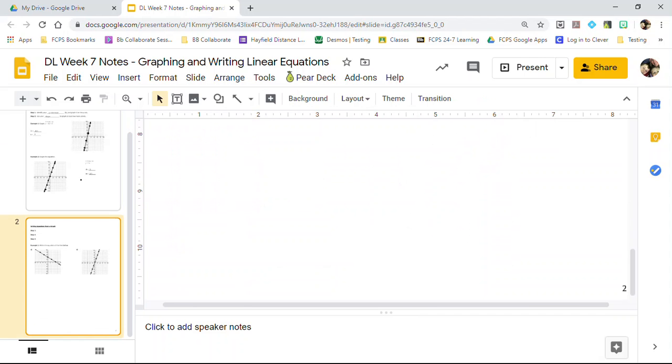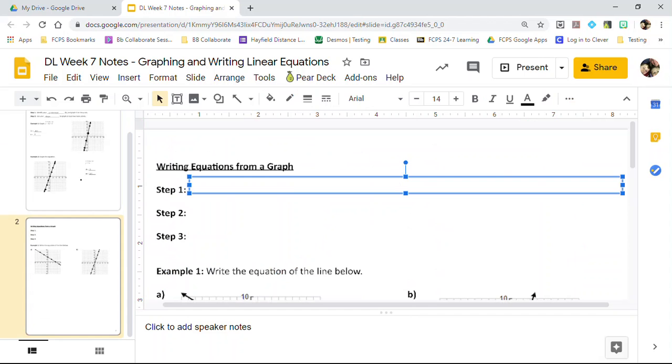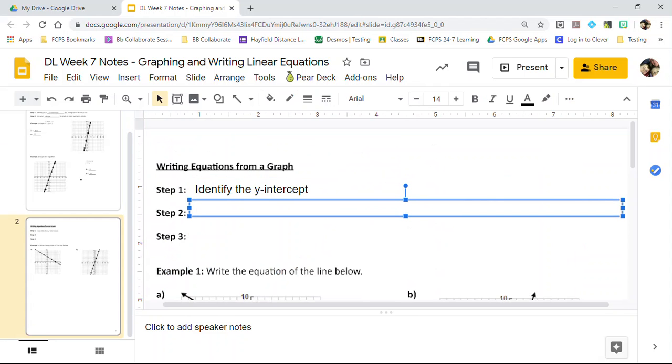When we are writing equations, the first step is we need to identify the y-intercept. That should be the first thing we do. Our second step is to find another point in order to find the slope.